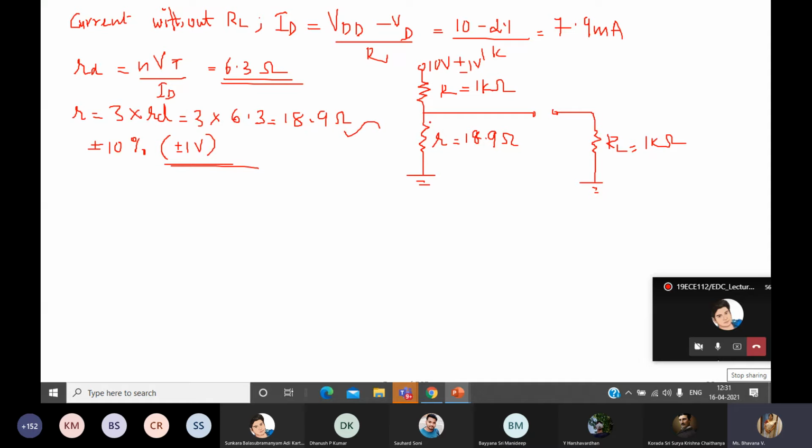Now here we have to find out, with respect to plus or minus 10% change, what is the change in output voltage, and if you connect the load resistance, what is the change in output voltage. Draw this.